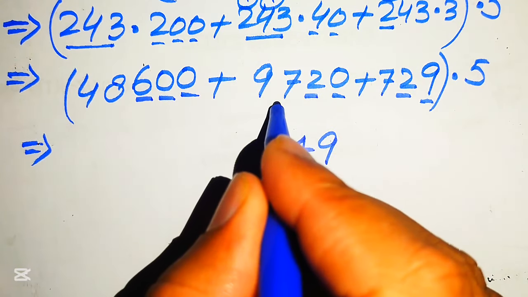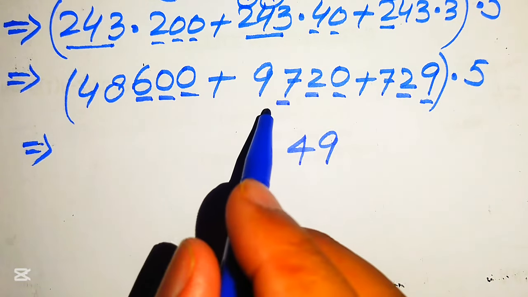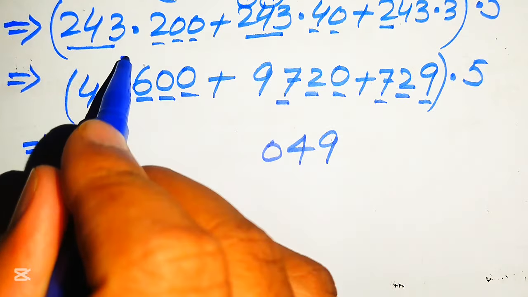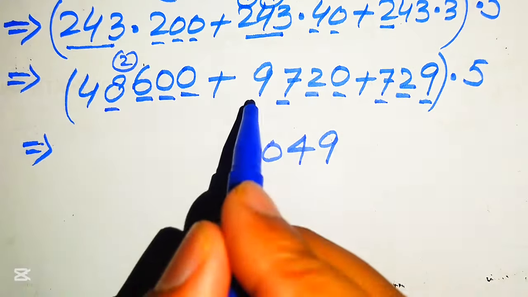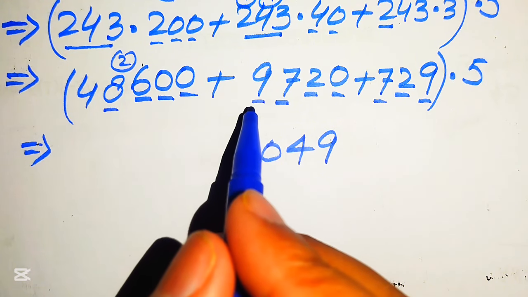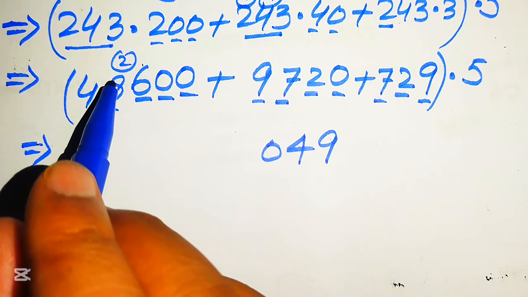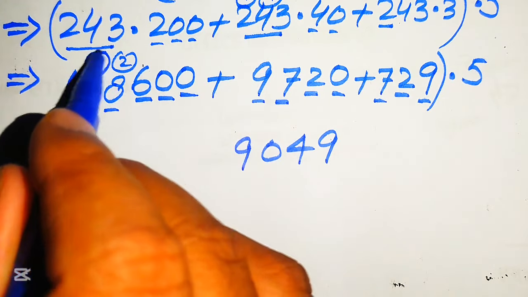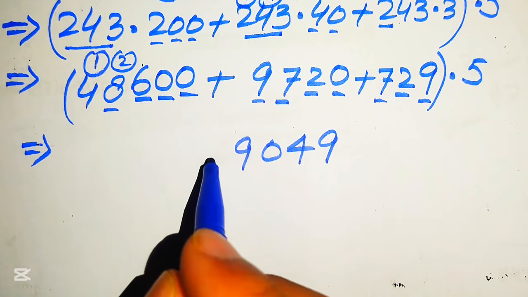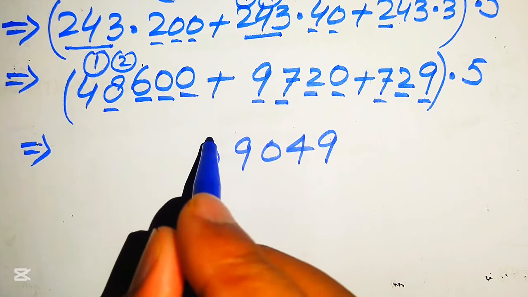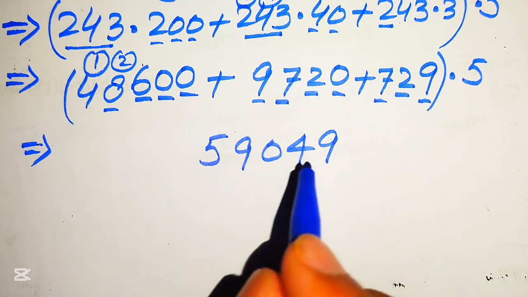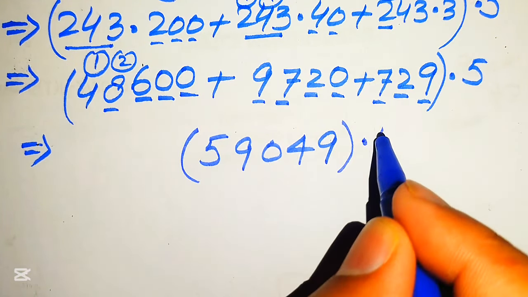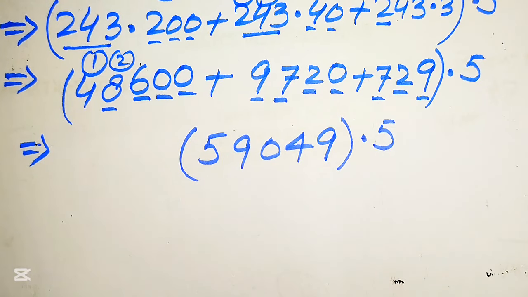Then 6 plus 7 becomes 13, 13 plus 7 becomes 20. We write 0 and carry 2. 8 plus 9 becomes 17, 17 plus 2 becomes 19. We write 9 and carry 1. 4 plus 1 becomes 5. So you get 59,049, and at the end we multiply it with 5.